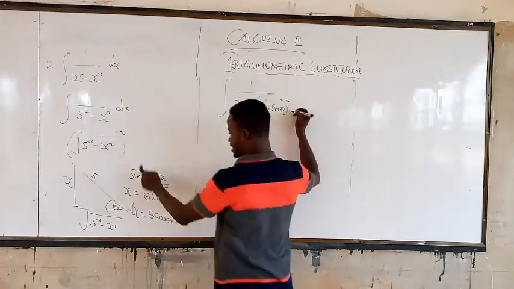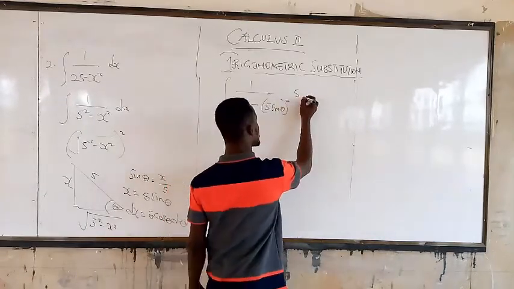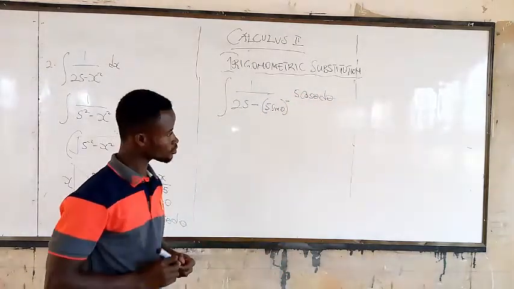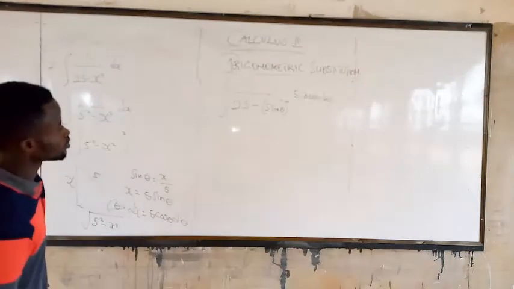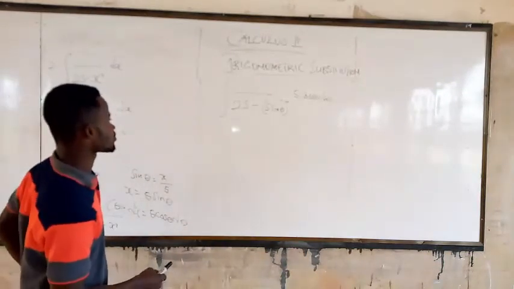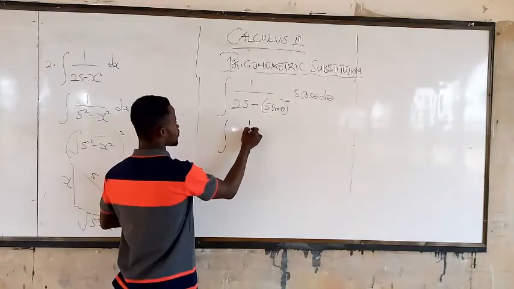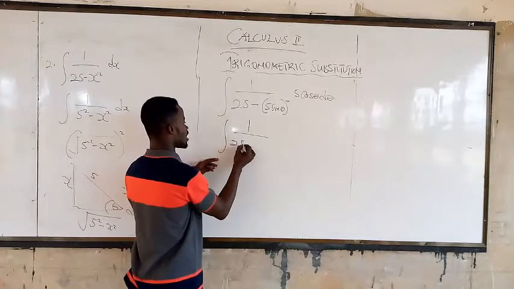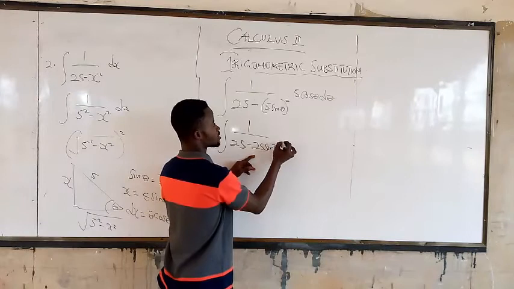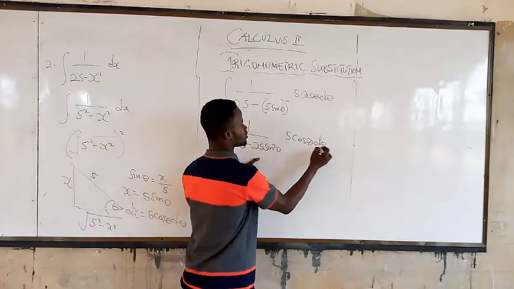And the ds is what? 5 cos theta d theta. Very good. Let me change my marker. So here we can see that we get 1 over 25 minus 25 sine squared theta, times 5 cos theta d theta.